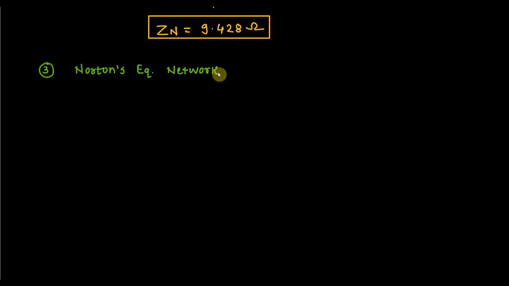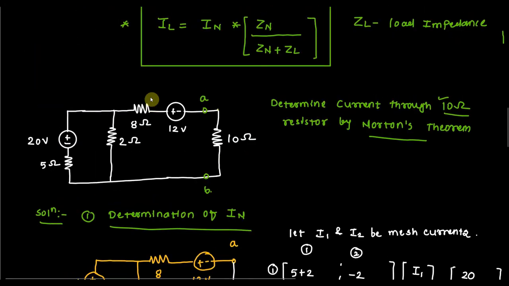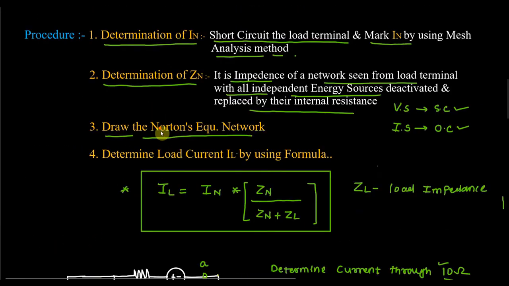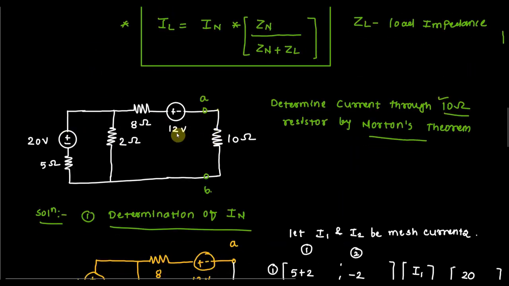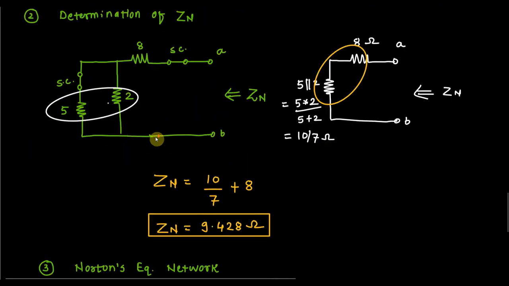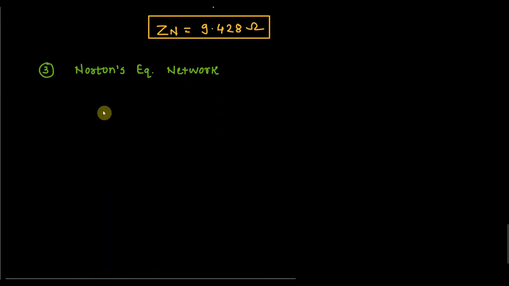Norton's equivalent network is very simple. We have replaced this complete network, that is the 12 volt, 20 volt, 5, 2 and 8, by one current source in parallel with an impedance. So the circuit will look like this.